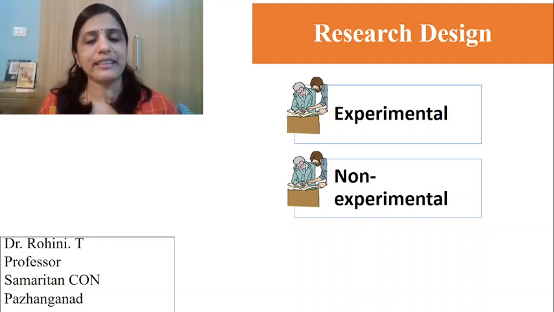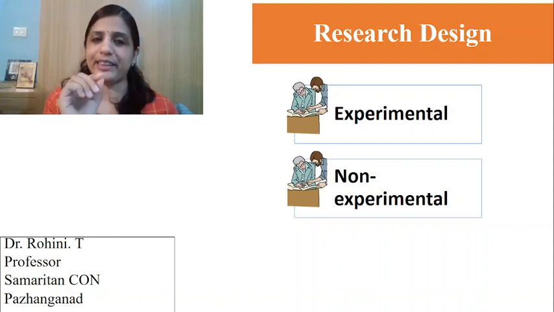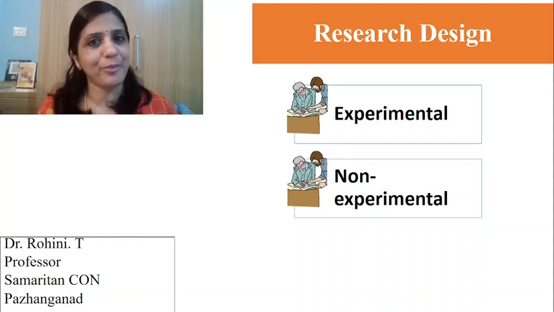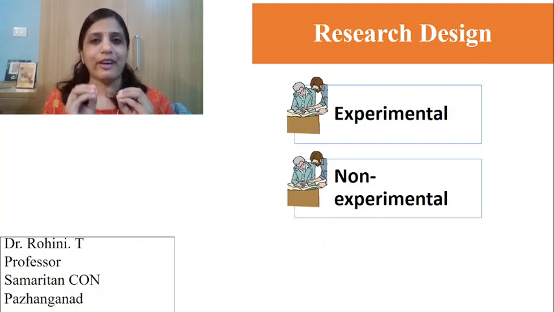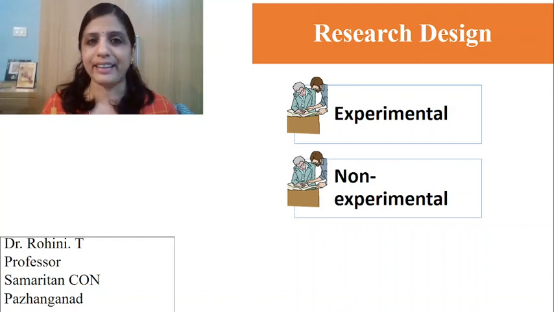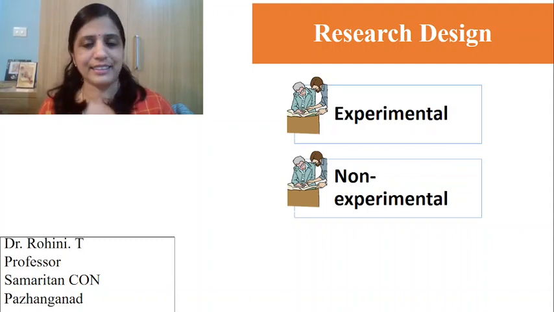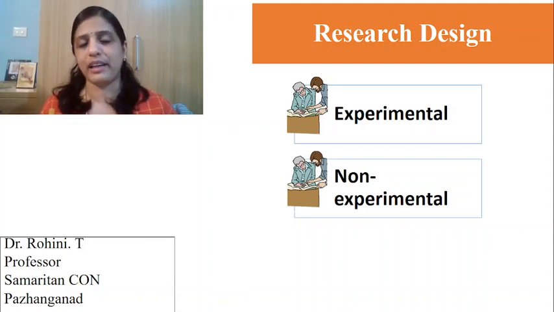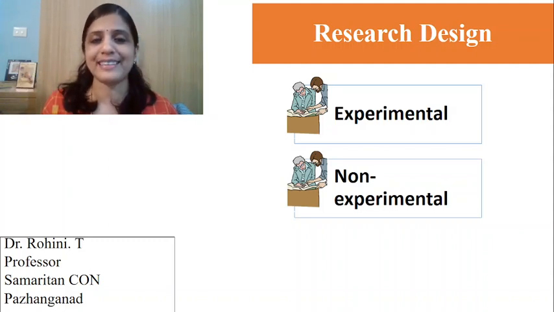If you're using quasi-experimental, you can write quasi-experimental. Under quasi-experimental you have many different types, so you will have to specify that while writing the research design. Same thing for non-experimental. When you're writing, you will have to specify whether it is a descriptive research design or a correlational research design.